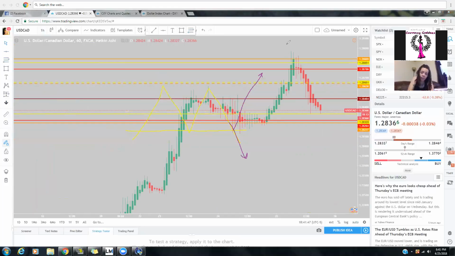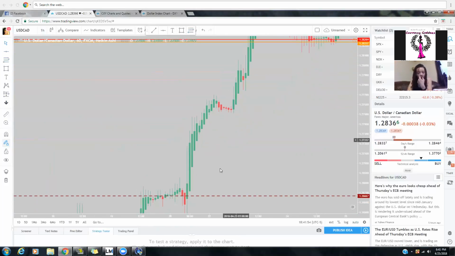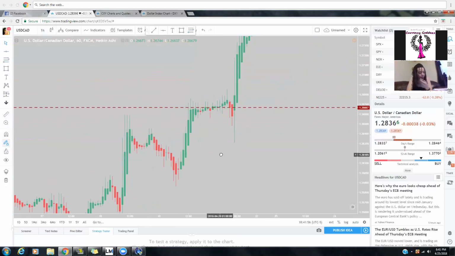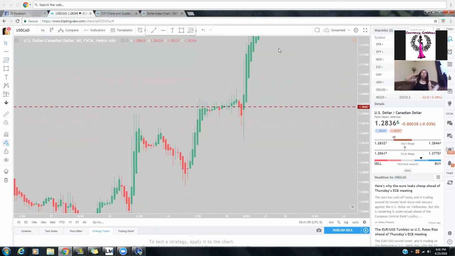So let me see. See, it's not a perfect double bottom, but it's still a double bottom. It hit the neckline and it broke out to the top.